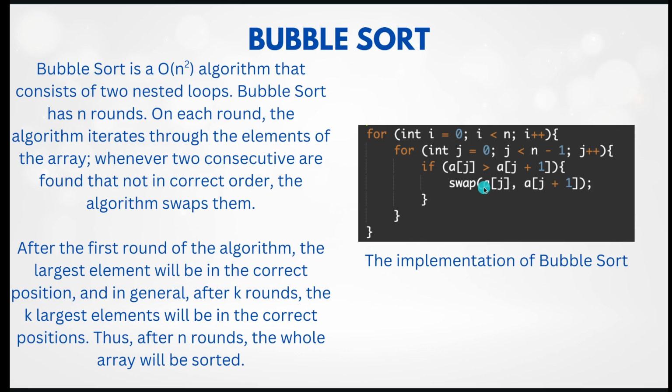And then we're going to swap two consecutive elements if they satisfy these requirements here. So A[i] is greater than A[i+1], which means we swap the greater value into the right side and a smaller value into the left one.